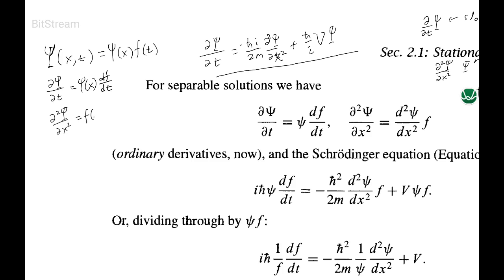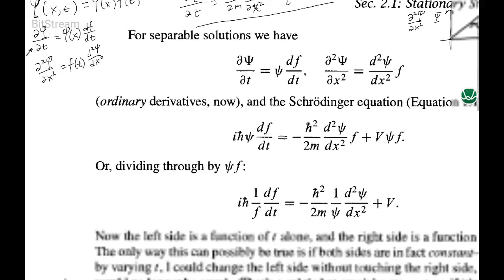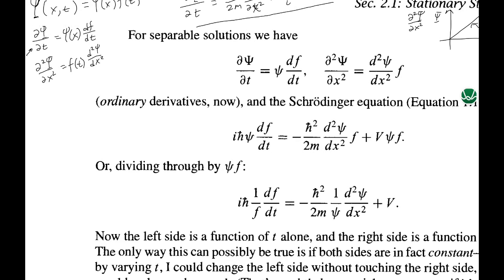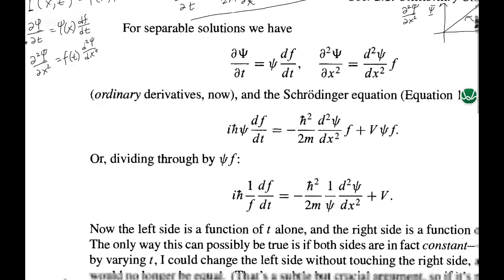This f of t is not dependent on x. It just flat out doesn't change. But this one does. And then I'm using full derivatives. I use the partial symbol when something's a function of more than one thing. I use the d's when it's a full derivative. And that's what we have here in this line of Griffiths. Just the same thing. He just didn't write out function of x or function of t.